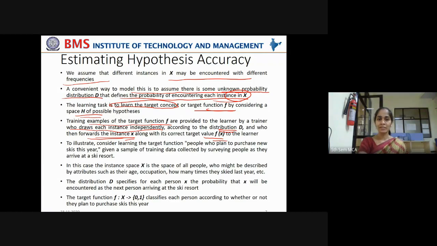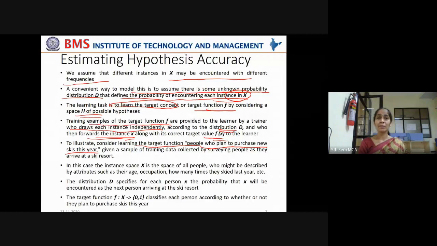Okay. Now to illustrate, consider learning the target function. Now what is the target function to be learned? For example, people who plan to purchase new skis this year. Now, an organization wants to know the people who plan to purchase new skis this year. What is the use of that?